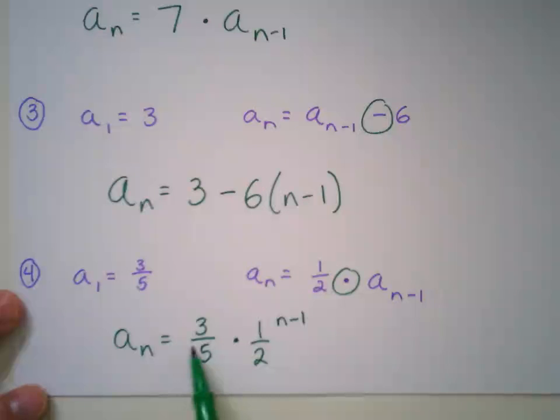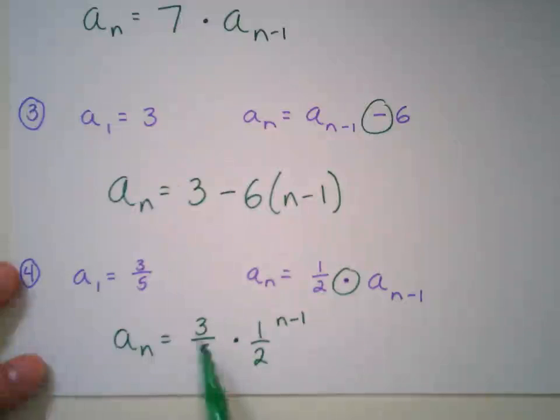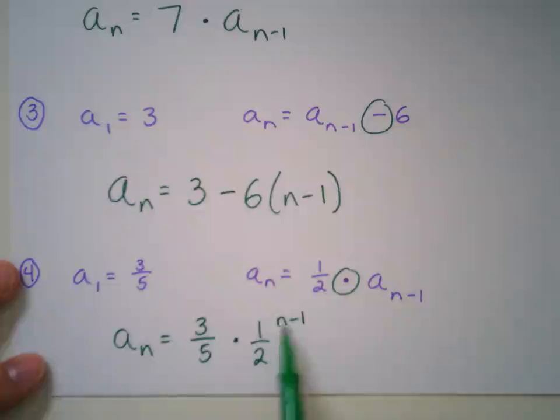And then over here on the bottom part, this is geometric. So A1, 3 over 5, goes first, times your common ratio. When it's geometric, you put the n minus 1 as an exponent. So when it's multiplication, you put the n minus 1 as the exponent.